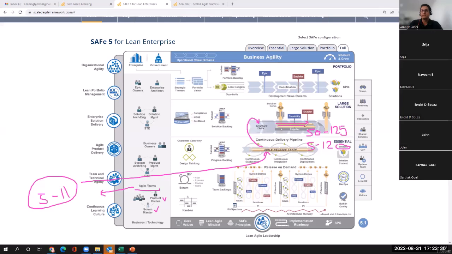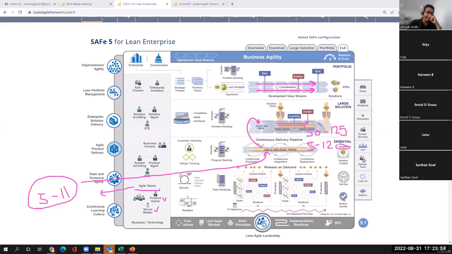There are multiple trains which need coordination between them as well. In a portfolio, there can be multiple trains, but they are not large solutions because they are working on different products. A large solution is only when multiple trains are working on the same solution. That's only when we call them a solution train.